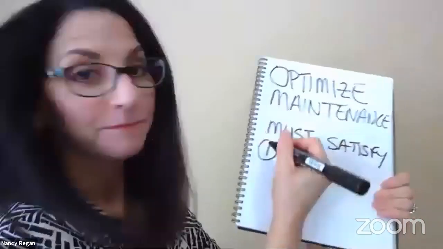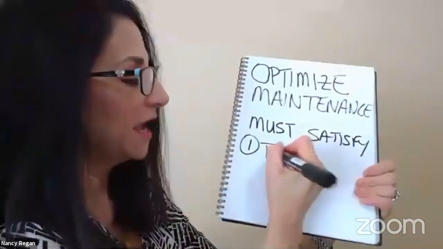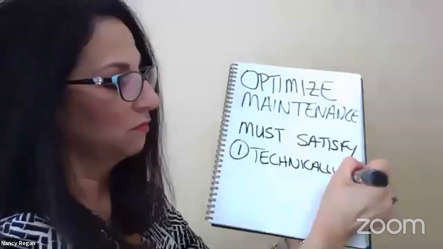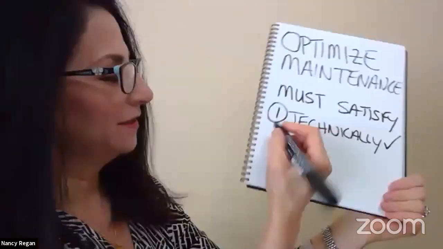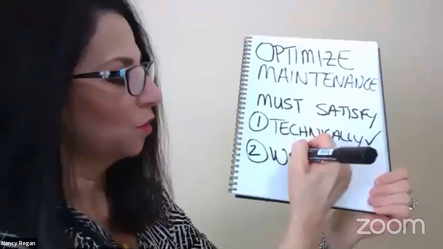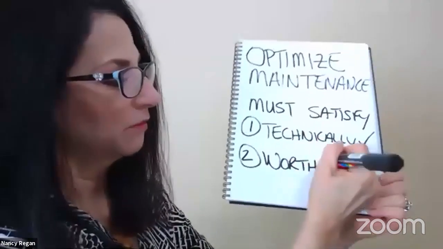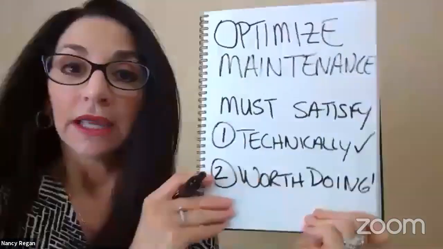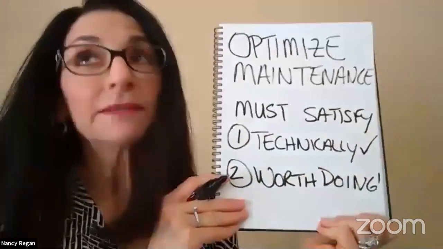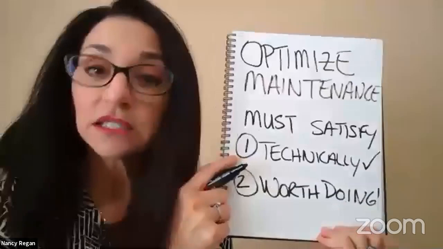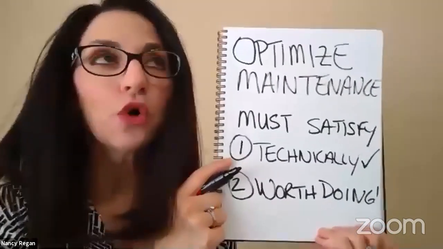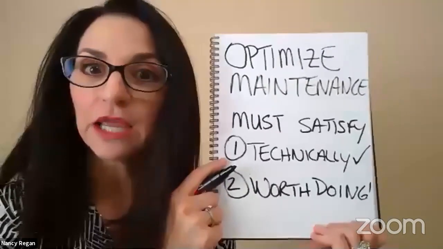Number one, it has to be technically the right thing to do, and it has to be worth doing. Now, what does that mean? Well, if we just use our filter for a simple example, technically speaking, is it the right thing to do to go visually inspect the filter every day?